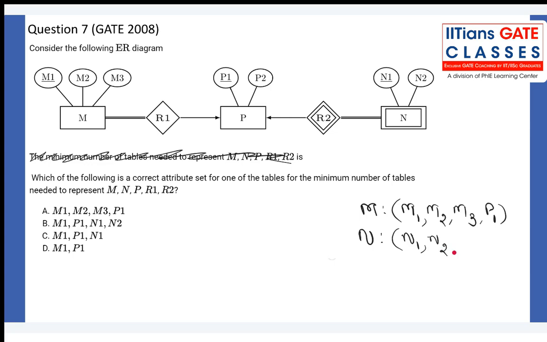The schema for P was P1, P2. Right? This was the schema we had. Now they are asking which of the following is a correct set of attributes for one of the tables that you have drawn. See, the answer is there in the question now. Which option is correct?